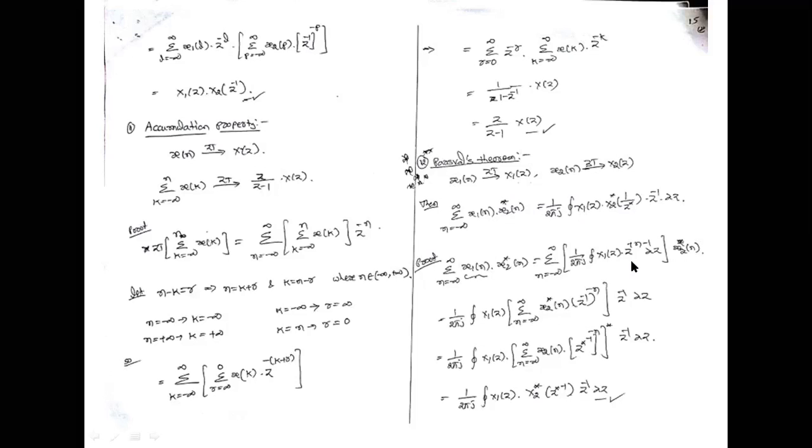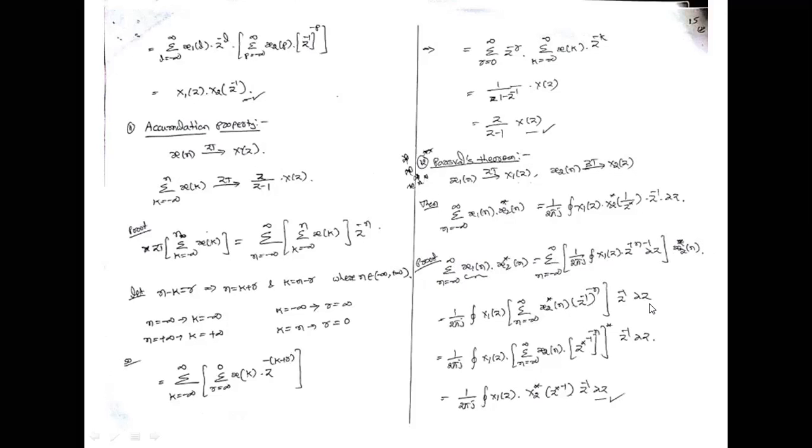Here also you can use the inverse transformation formula. The sum of n equal to minus infinity to infinity, x1 of n and x2 star of n, is equal to, I am substituting only for x1 the inverse transformation: the sum of n equal to minus infinity to infinity, 1 by 2 pi j integral x1 of z, z power n minus 1 dz, x2 star of n.